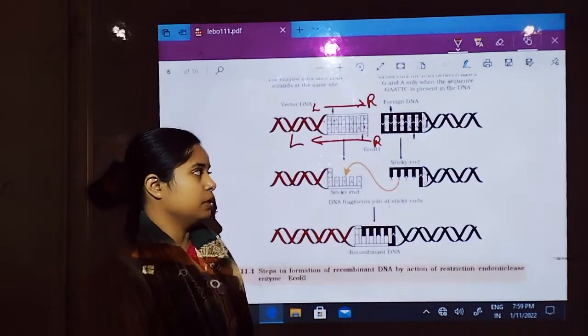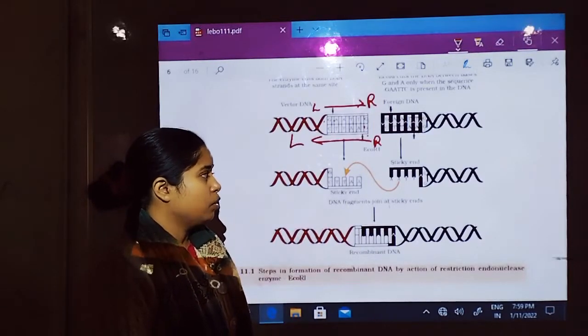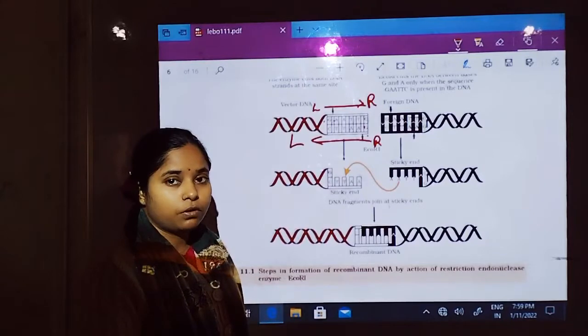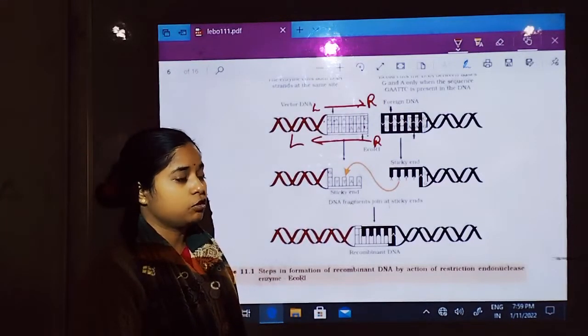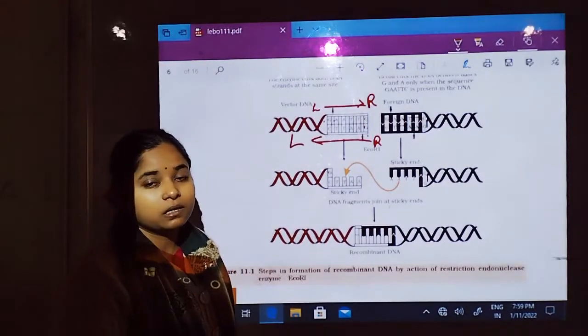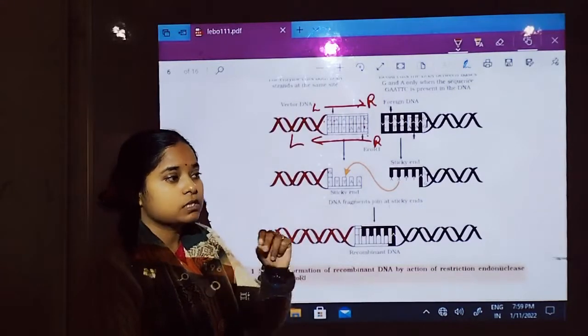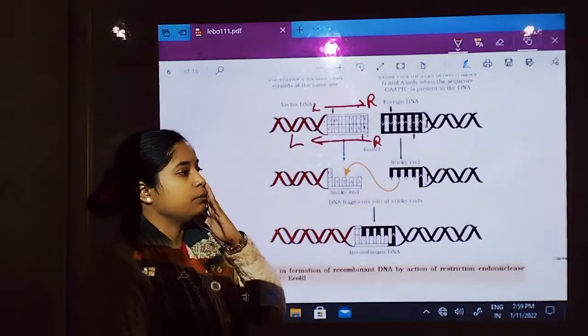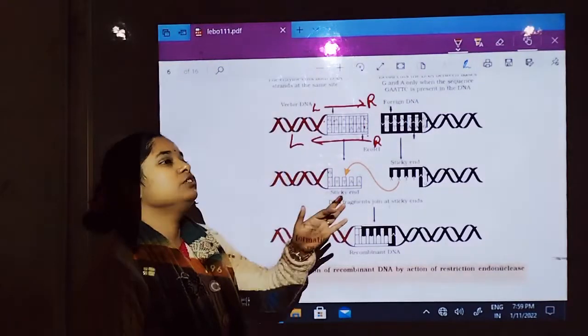How does it work? Why is only one EcoRI needed for the ligation of two different types of genetic material? Because it cuts at the same position in both genetic materials.